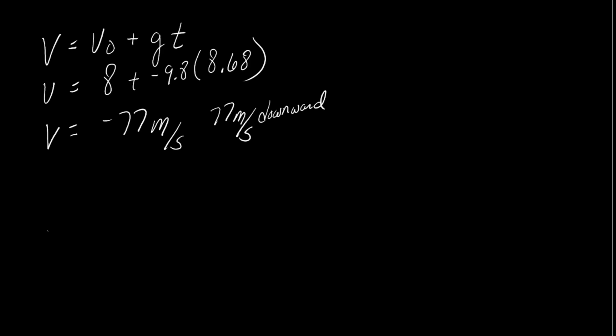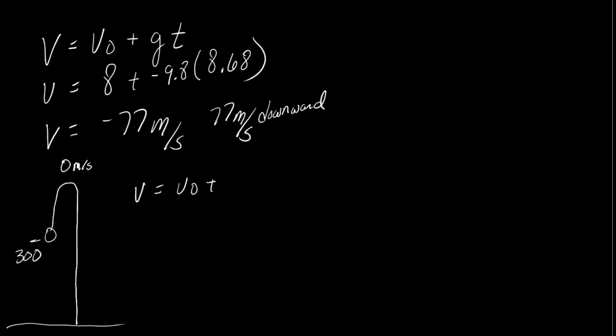Okay, to find the height, we're starting off at 300. We need to compute the distance from where it was released to the apex. So we're going to say that the velocity is equal to the initial velocity plus gravity times time.